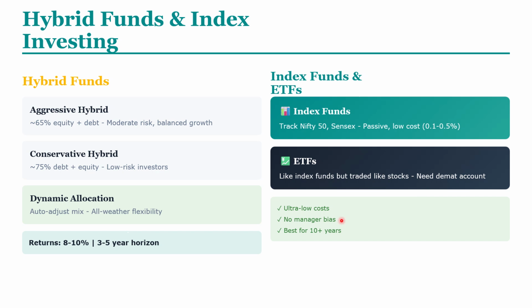These are ultra low cost funds, with no manager bias, best for 10 plus years. So if you have very little or no knowledge about mutual funds, start with index funds and ETFs. These are the best, as returns do not depend on the type of fund and so on. It just depends on the growth of the Indian economy.